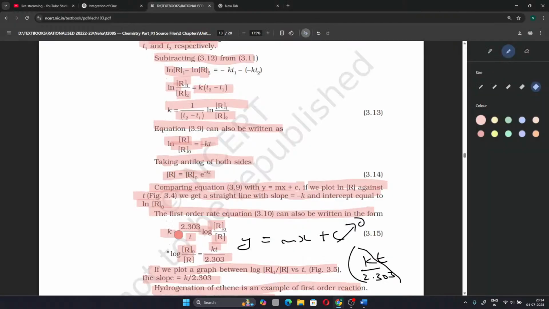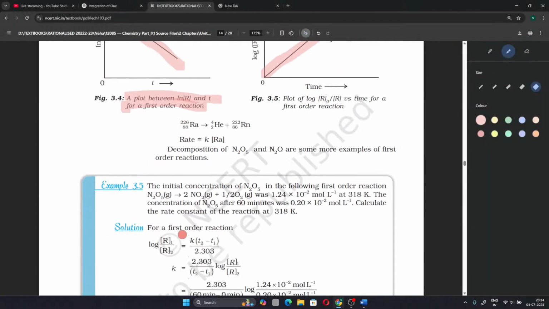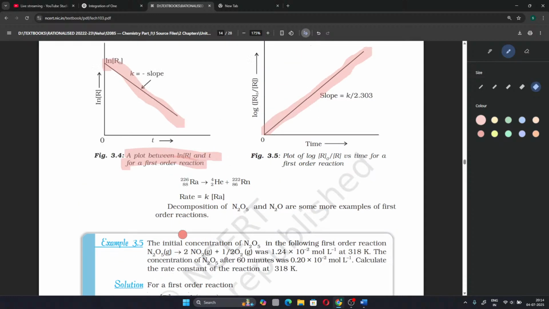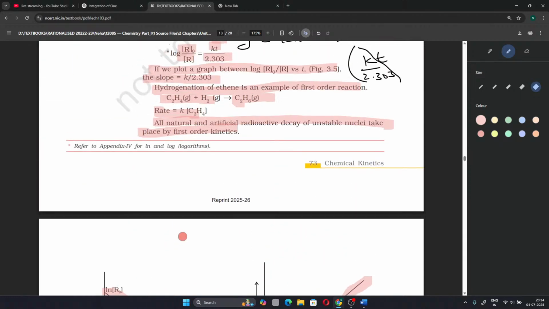Let's continue. A statement to be remembered is that all natural and artificial radioactive decay of unstable nuclei take place by first order reaction, but just in case, let us confirm it.